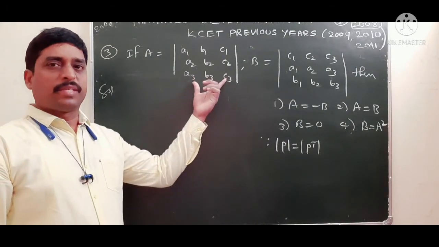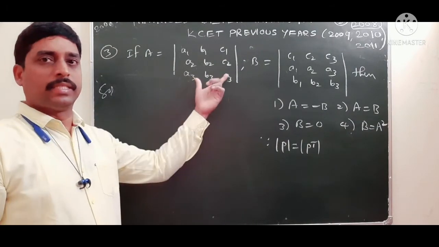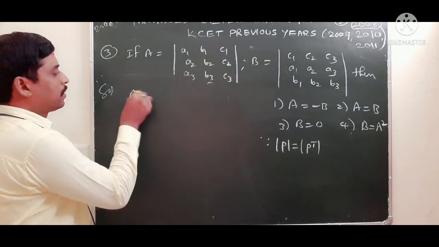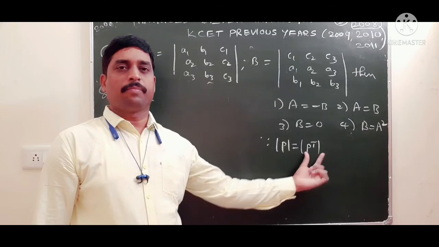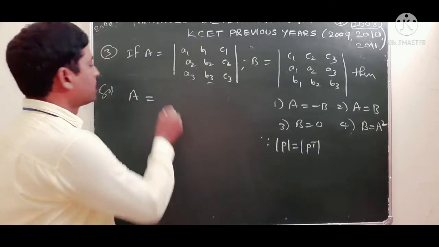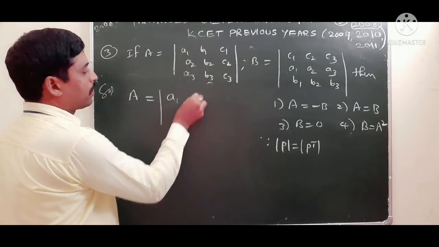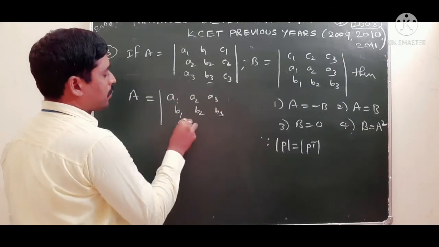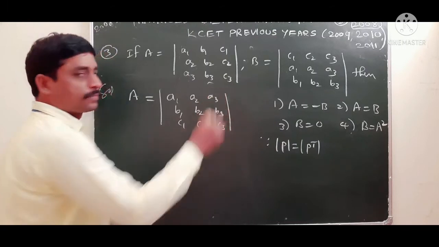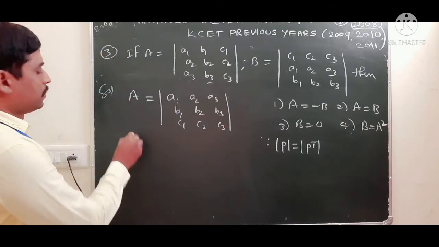So let us take the transpose of this determinant. We have one formula, det P is equal to det P transpose. So the determinant of the transpose is A1, A2, A3, B1, B2, B3, C1, C2, C3. Clear? So this is A.